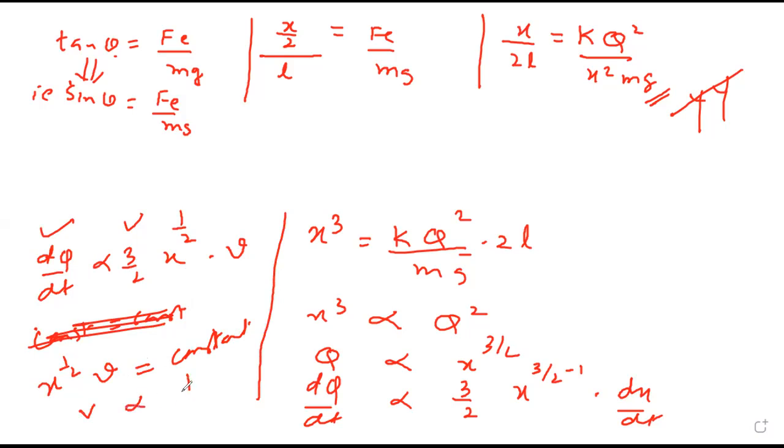So v is proportional to 1 upon x raised to half. So the final answer will be v proportional to x raised to minus half. This is the result. Just write it and go through the full solution. If you have a doubt, then ask me again. This is a bit lengthy sum. First you write the full solution, and once again ask if you have a doubt.